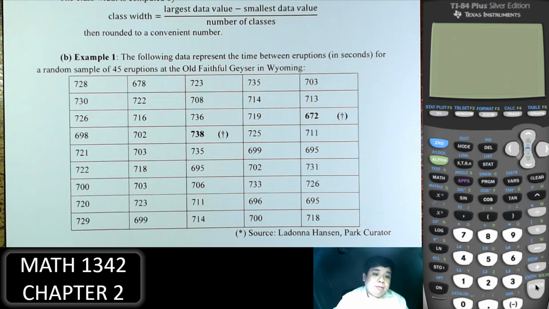So now those are the data. Like I said, there are too many categories. We have to put them in classes, right? So how do we choose that?